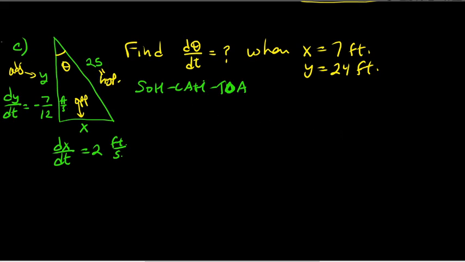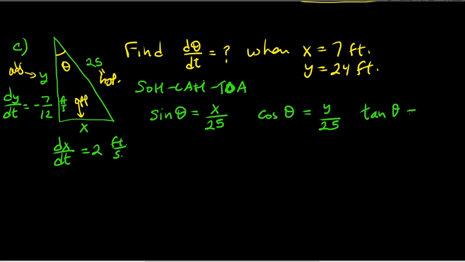So it turns out it doesn't matter which one of these you want to use. Sine, cosine, or tangent, doesn't matter to me. I like sine. So sine of theta is opposite, that's x, over the hypotenuse, that's 25. If you'd rather use cosine, then cosine will be the adjacent, y, over the hypotenuse, 25. And if you insist on using tangent, although I wouldn't, tangent is opposite over adjacent, which would be x over y.